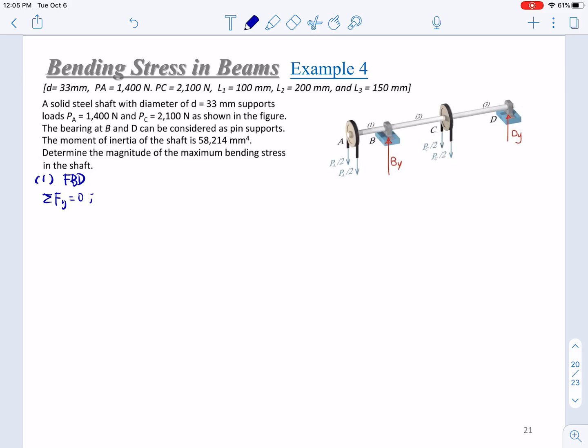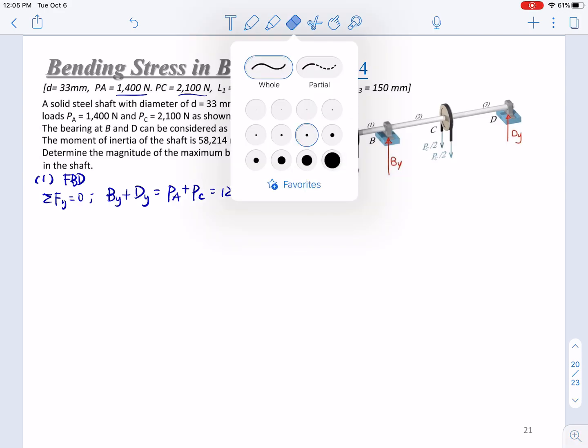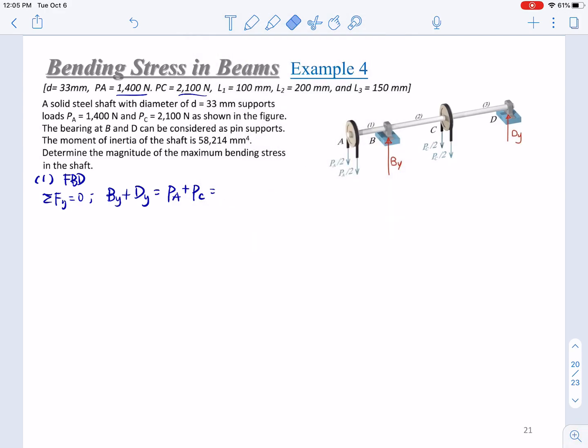From this we can get By plus Dy equals PA plus PC. PA is here, PC is here. It's 1400 plus 2100. That will be 3500 Newton.